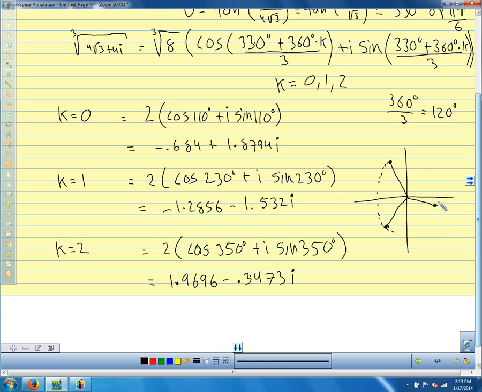I know I didn't do my drawing perfectly, but it's fairly close. The radius here is 2, and these angles are 120 degrees. So those would be my points symmetrically arranged around this circle with radius 2, not the unit circle.